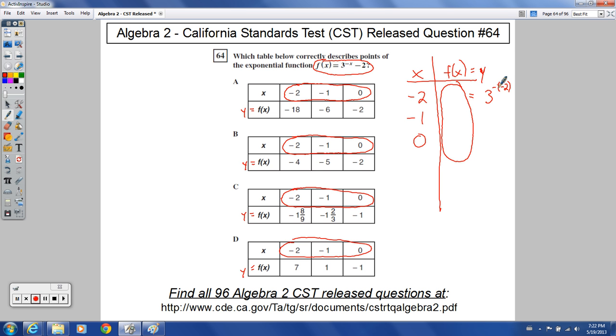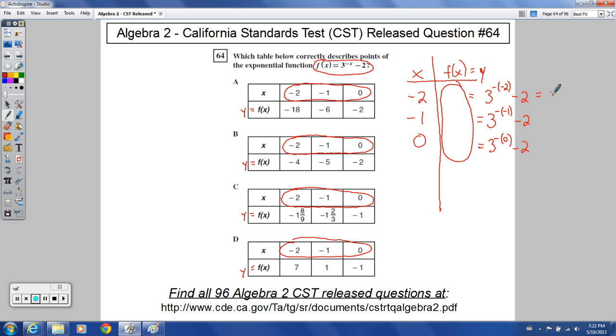So I think some of the problems are lying therein. I'm guessing one of these solutions will have 3 to the -2 instead of 3 to the +2 as an answer. And then this would be 3 to the opposite of -1, and then this one would be 3 and then a minus 0 right here.